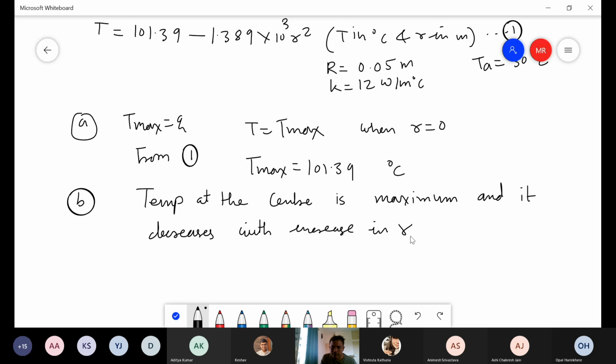Correct. So since there is no heat input in this particular sphere, at least it is not given in the problem, clearly there must be a heat generation source.